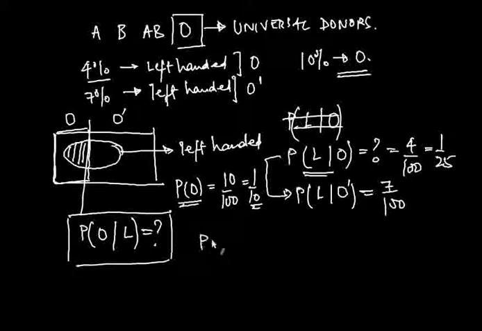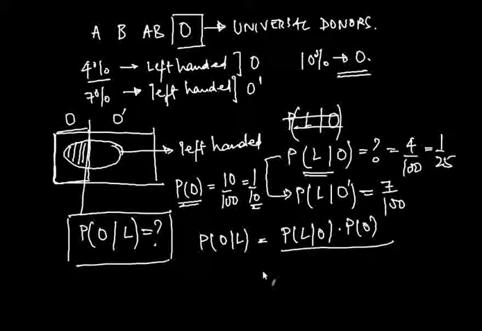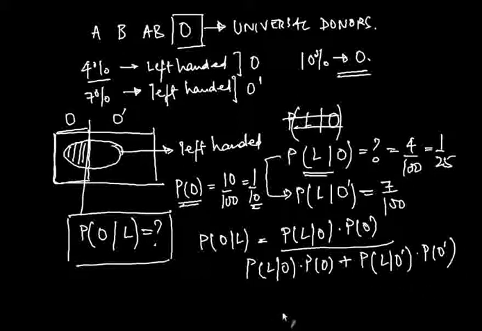So we know that probability of O given L is equal to the probability of L given O into probability of O, divided by the probability of L given O into probability of O plus probability of L given O prime into probability of O prime, right? So this is the total probability, and this is just probability of L and O. This is a simple expansion of the Bayes theorem.